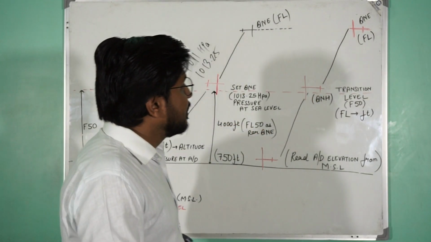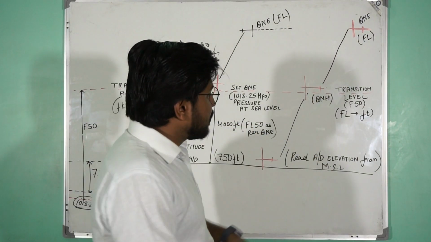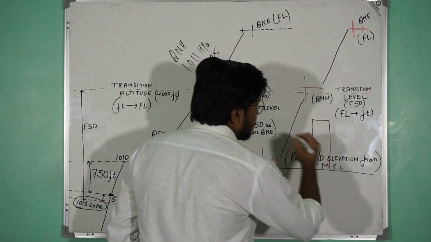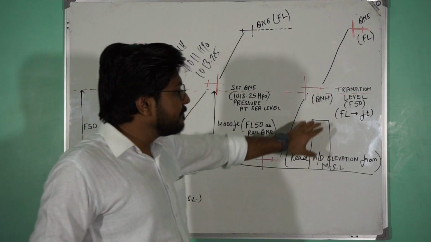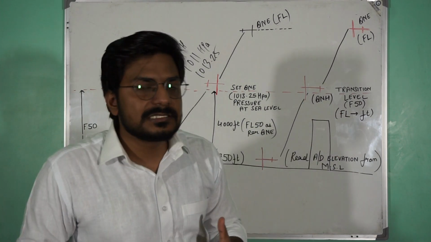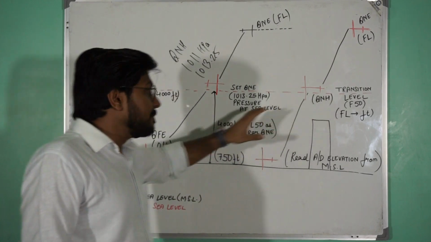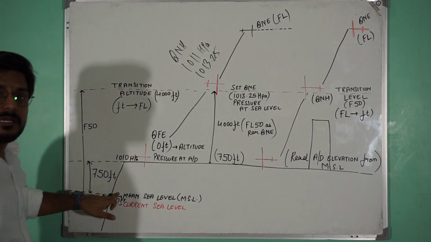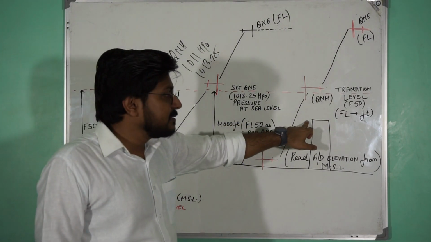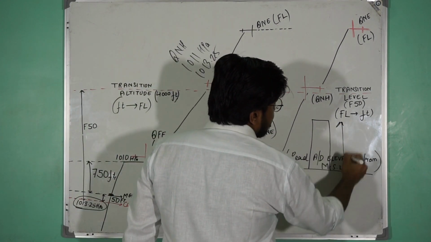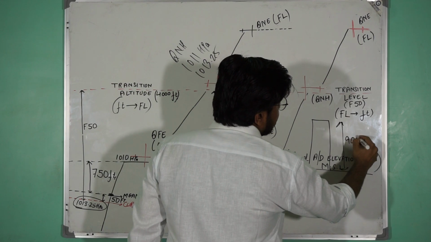While landing, there are obstructions. Suppose there is one obstruction, a building. The height of the building in the aircraft database is given from the mean sea level. The height of this building from the aerodrome is, suppose, 900 feet.